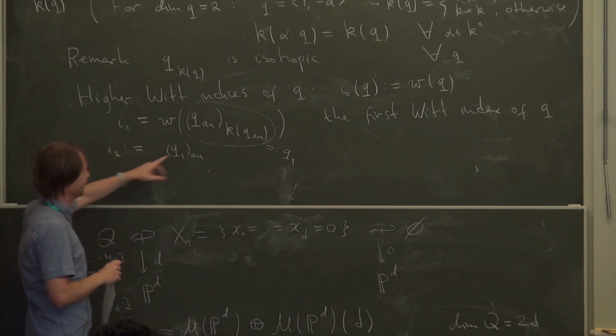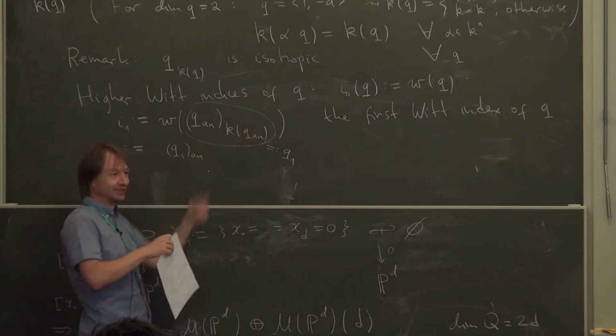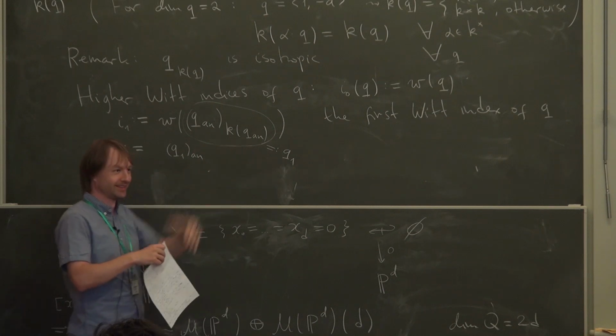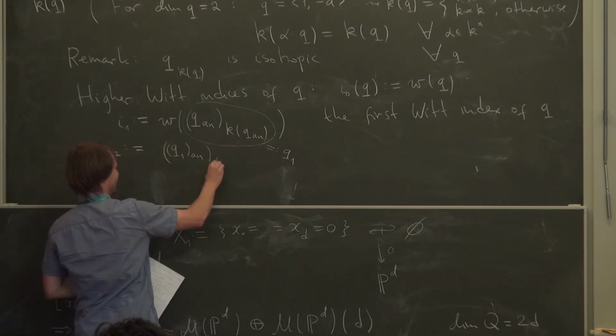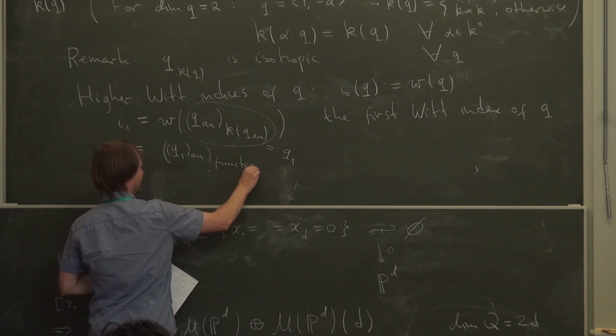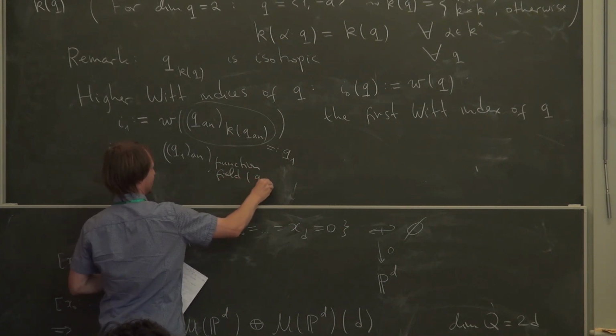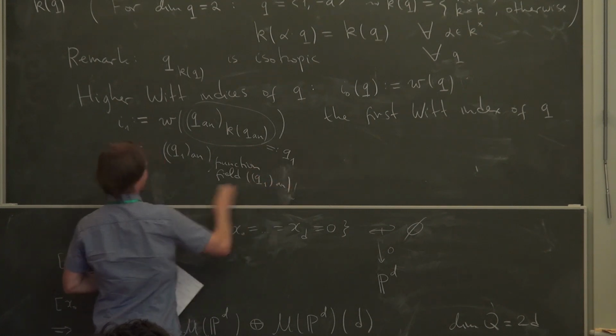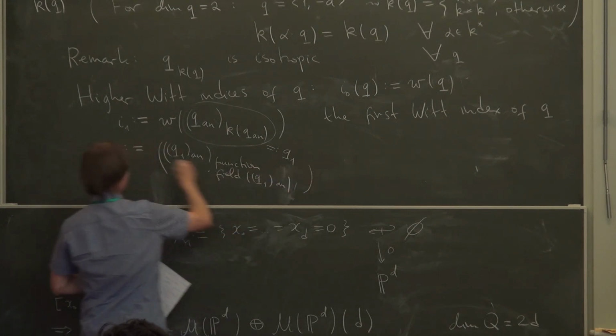It's already over this field, so it's the function field of Q1 anisotropic, and again take the usual Witt index.